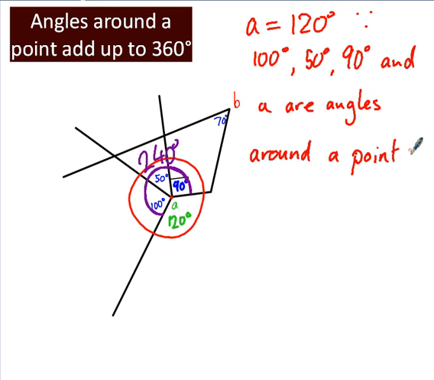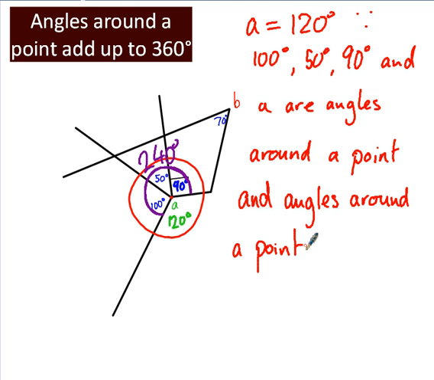Okay, don't stop explaining here. You need to carry on now and say something about this fact. And angles around a point add up to 360 degrees.